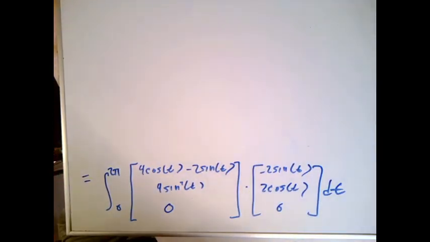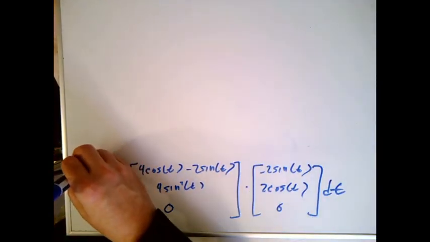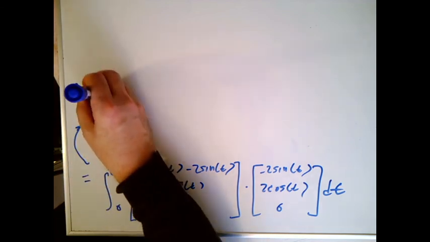So we're going to work our way back up now. I still have 0 to 2 pi.